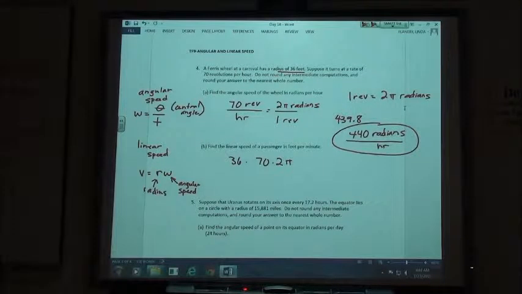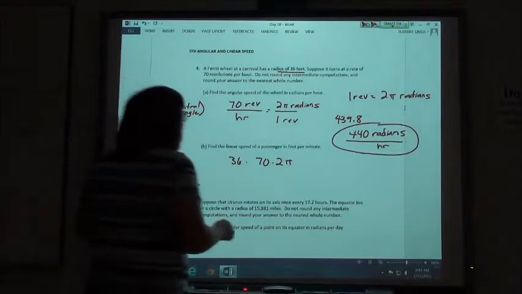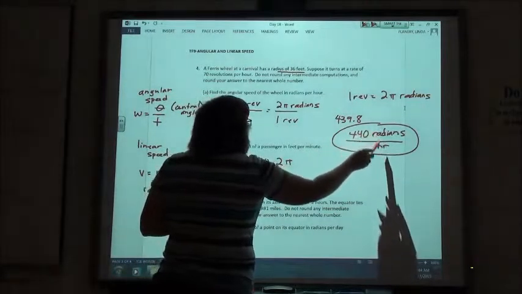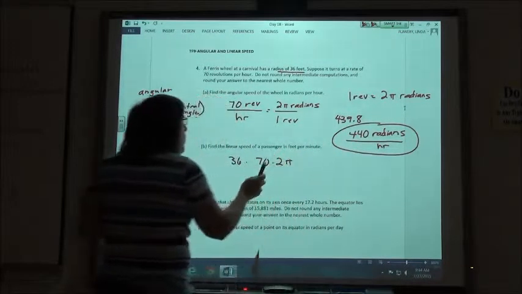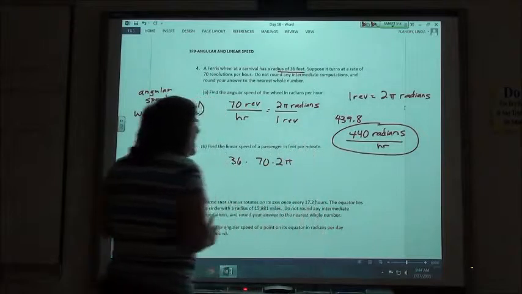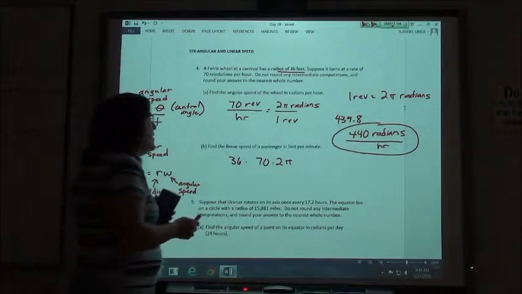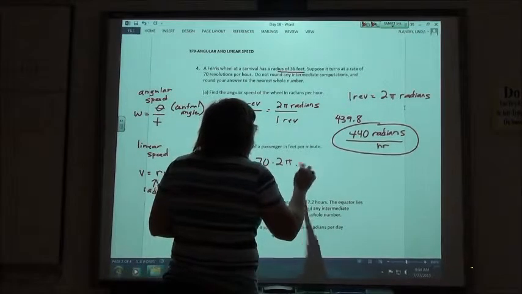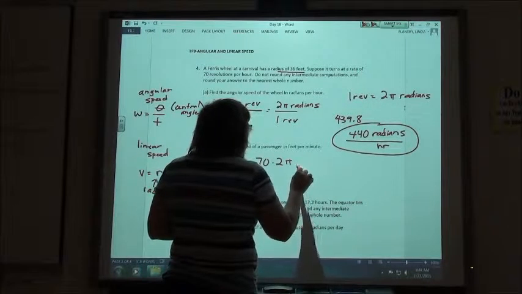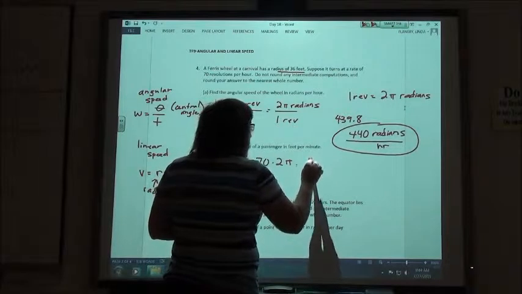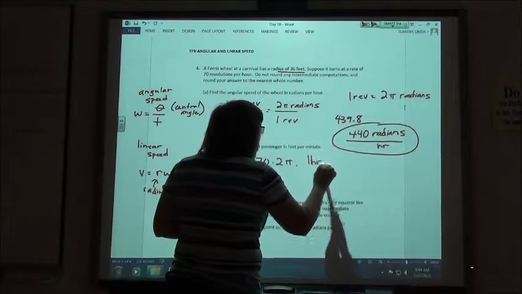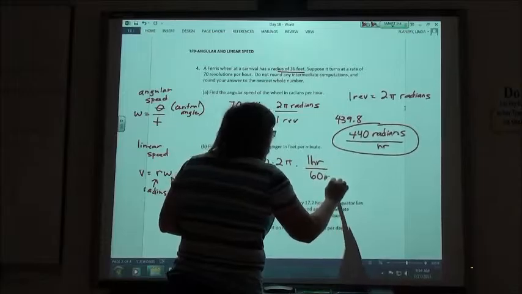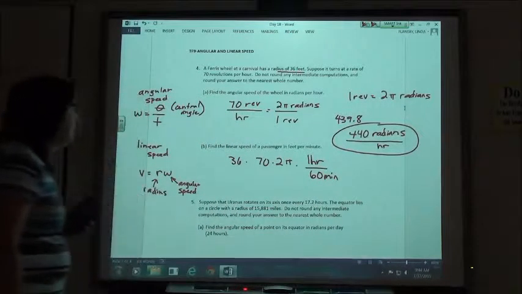That's going to give us our answer in radians per hour. We want it in per minute instead of per hour, so since this is in per hour, we want to take that 1 hour is 60 minutes.